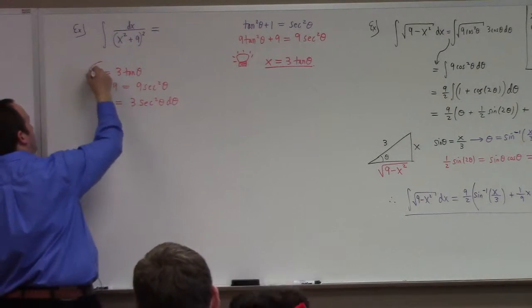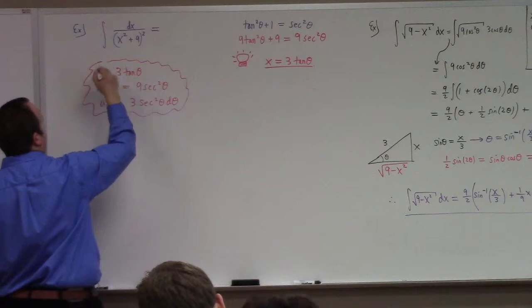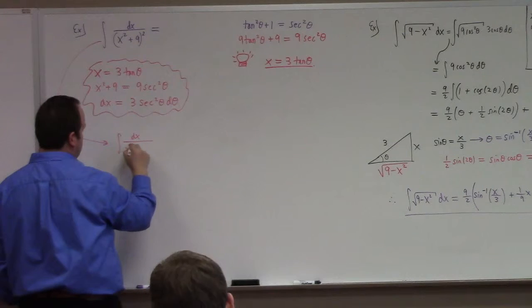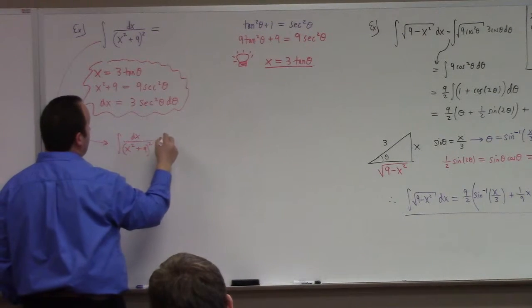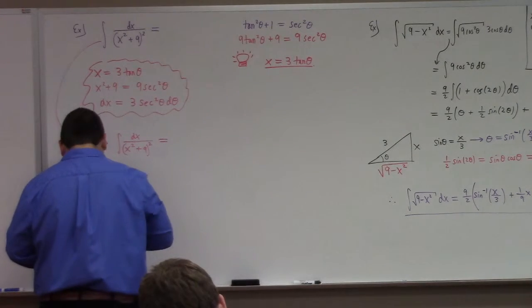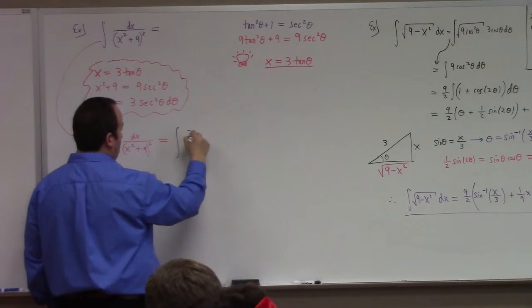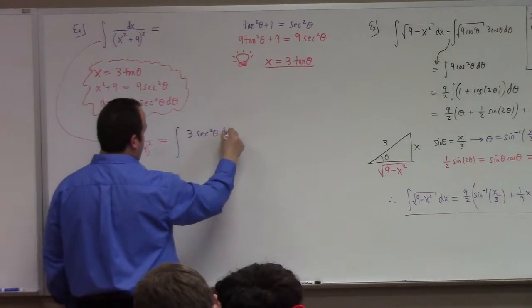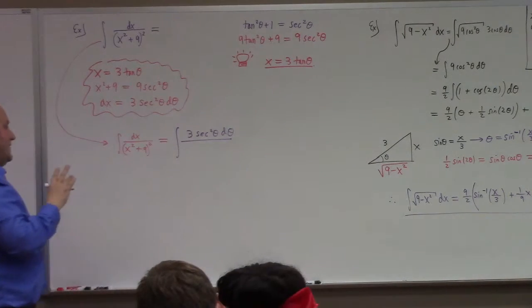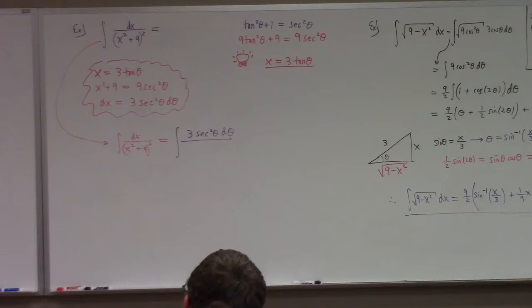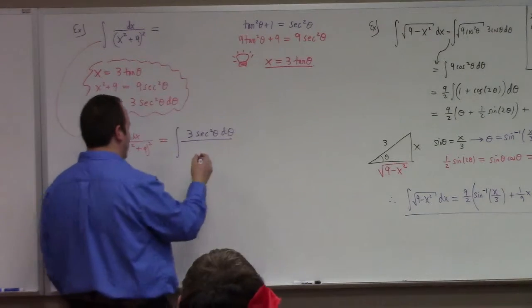So I can use this trigonometric substitution to change this to the following. So my dx is what? Dx is 3 secant squared theta d theta. And instead of having a sum of x squared plus 9 squared, right, which is insidious, I have what? 9 secant squared theta squared. Well, that's harmless.